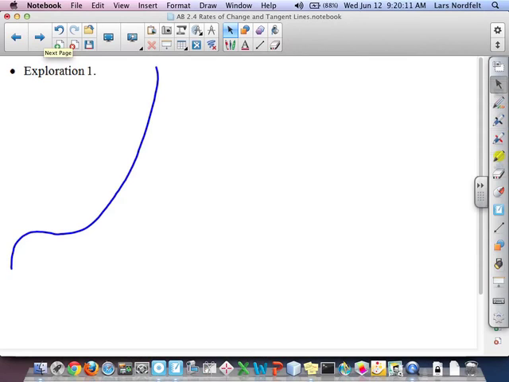I have a cannon. Suppose I had this cannon and I'm pushing it along this curve. You with me on this? And I stop at this point and fire the cannon.